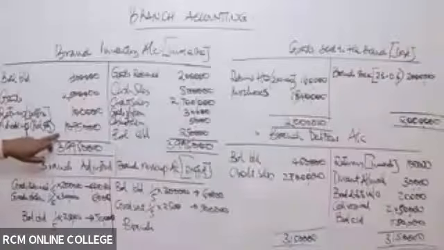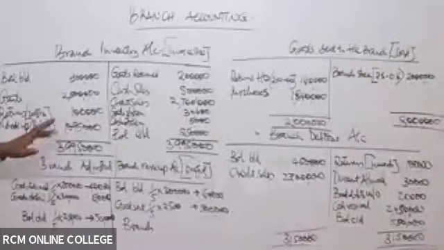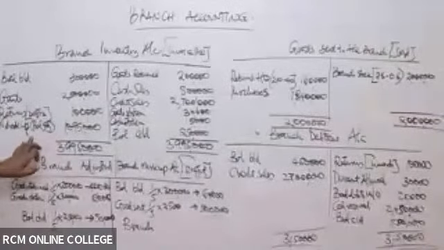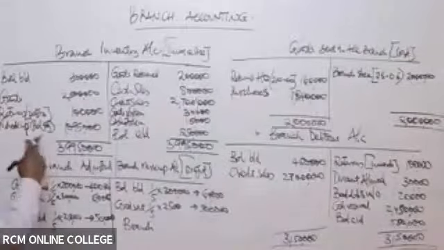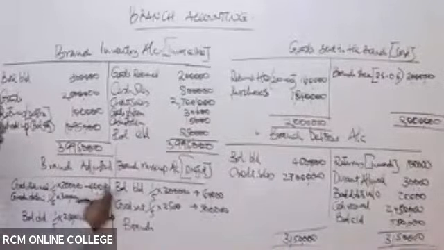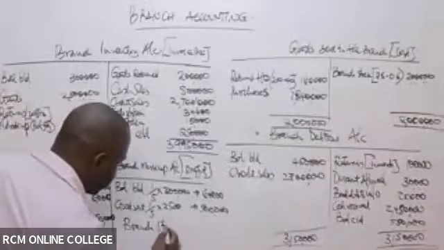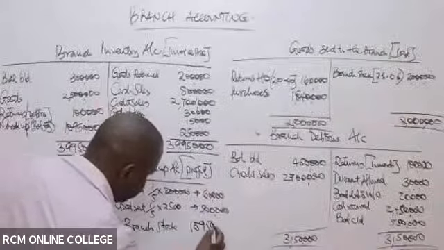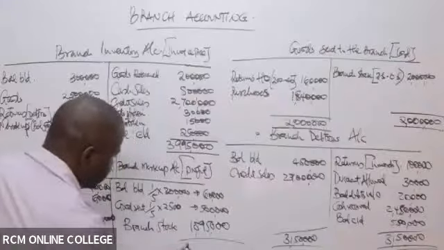So the balancing figure here is what has been marked up on the branch inventory, which you'll credit. You pass the entry in the adjusted or the branch markup account, and therefore you recognize this branch markup from the branch stock account. So that is 1095,000.